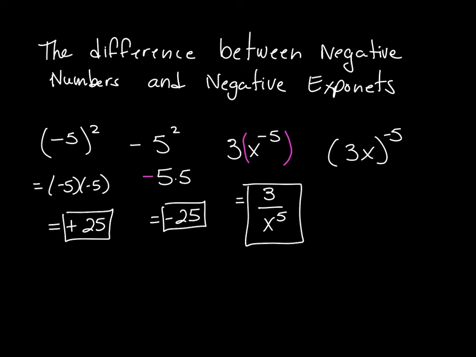The next one, the whole thing is being applied to the negative exponent. So that means both of those go in the denominator, and it becomes 1 over 3 to the 5th times x to the 5th. 1 over 243 x to the 5th.